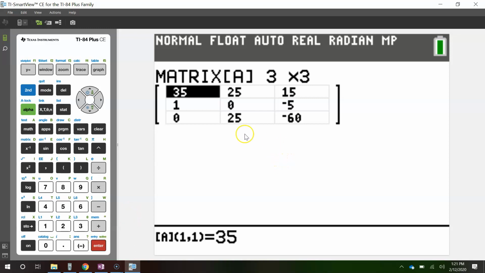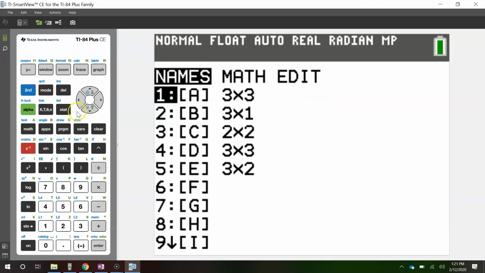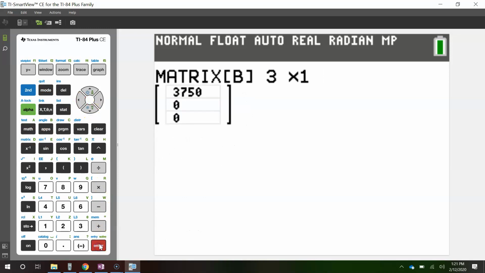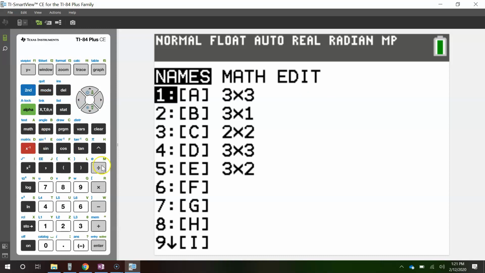All right, so type in matrix A. Make sure you quit your way out of matrix A. Then you go back to the matrix area, go to edit, go down to matrix B. Type in matrix B. Make sure it's a 3x1 matrix. Quit your way out of that. Go back to the matrix area.